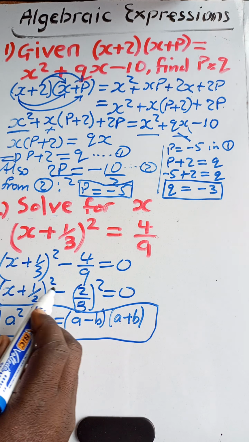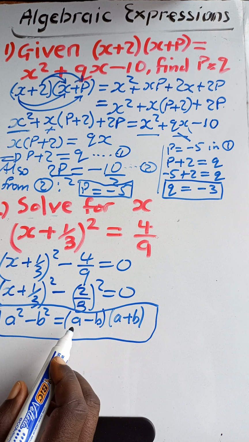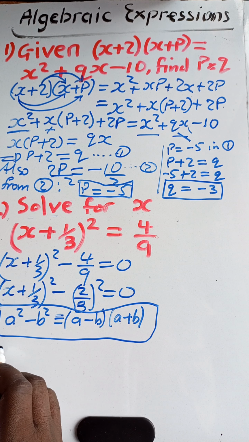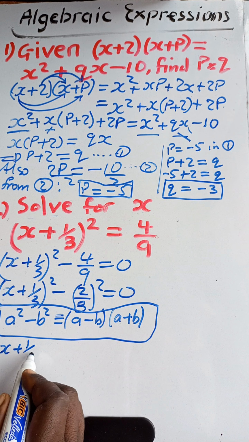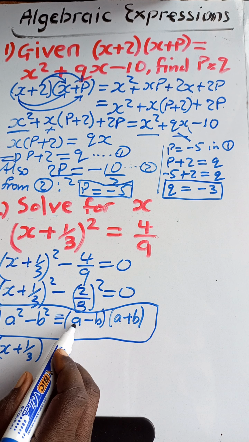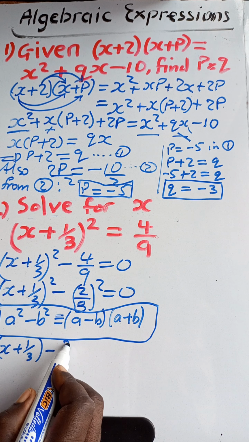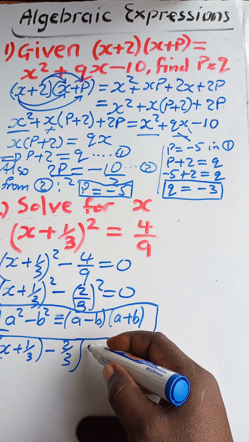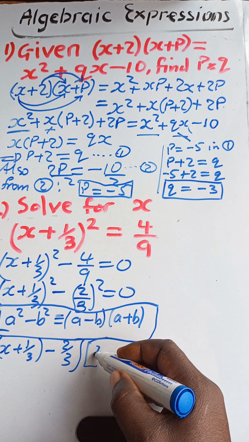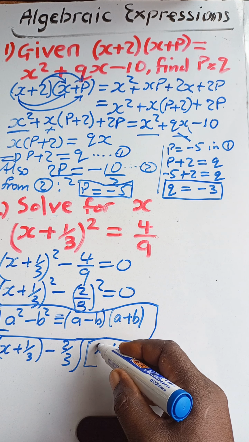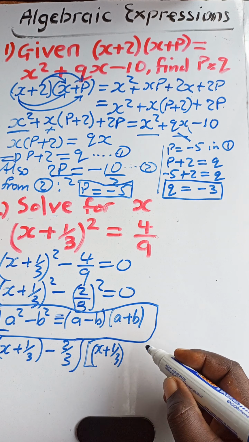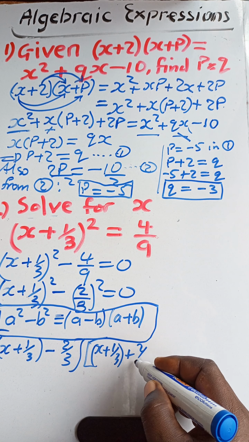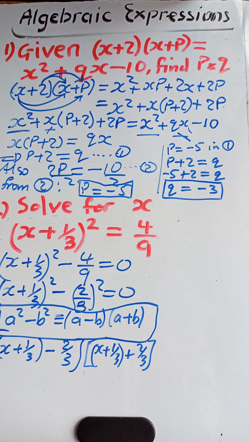So if we transform this into the right hand side of this identity, then we're going to have x plus 1/3 for a, minus 2/3 for b, all of that multiplied by x plus 1/3 for a, plus 2/3 for b. Now, let's evaluate each side.